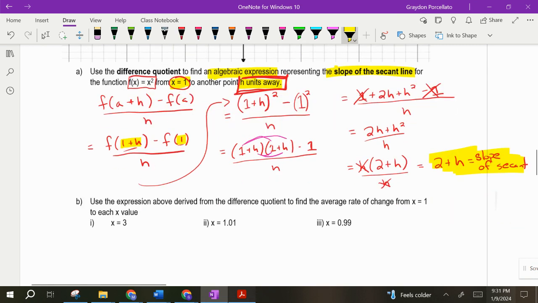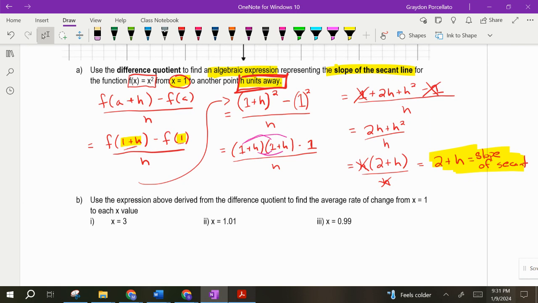Let's read what part B says. Part B says use the expression above, the one that we just calculated, derived from the difference quotient, to find the average rate of change, so the ARoC, or average rate of change, is the slope of secant from x equal to 1 to each value.